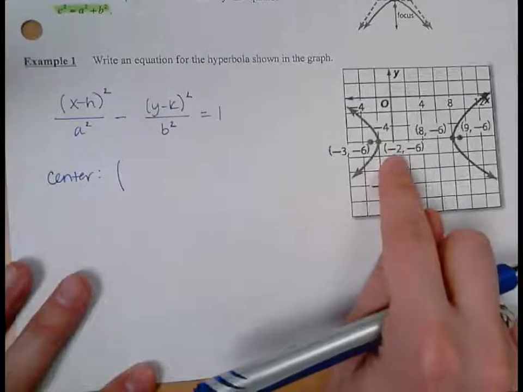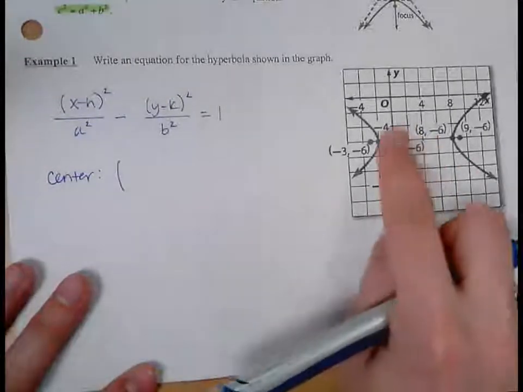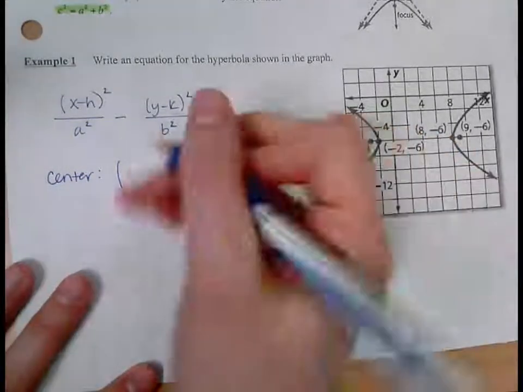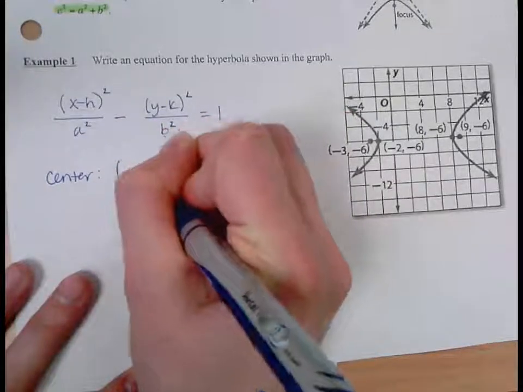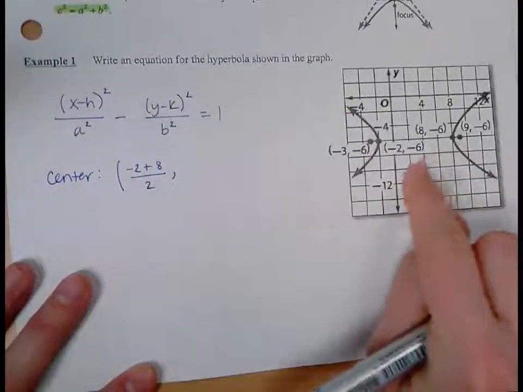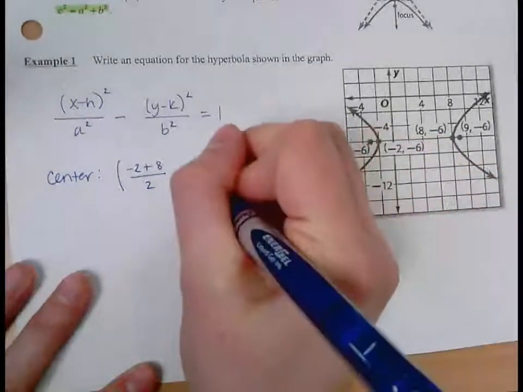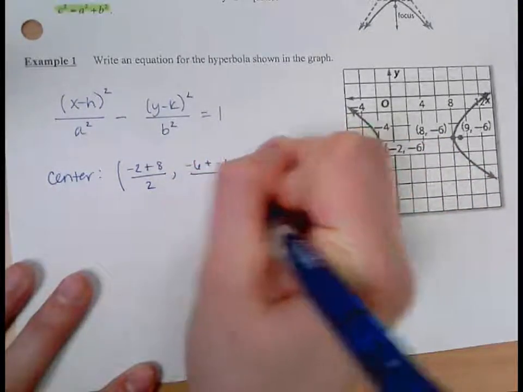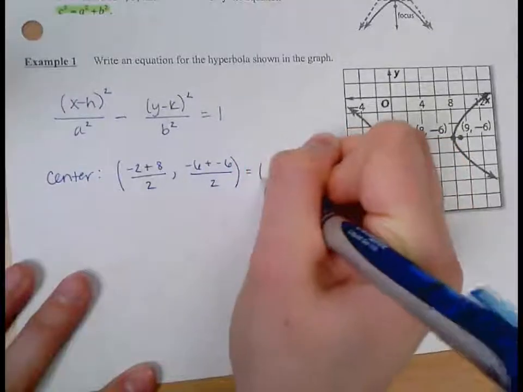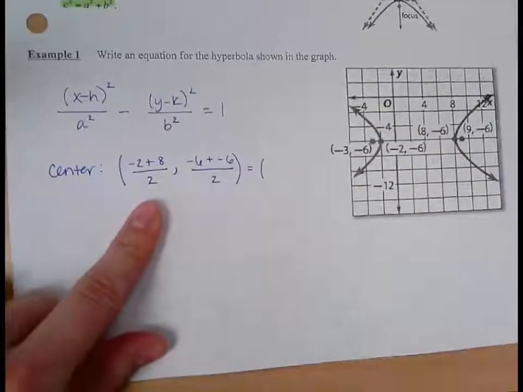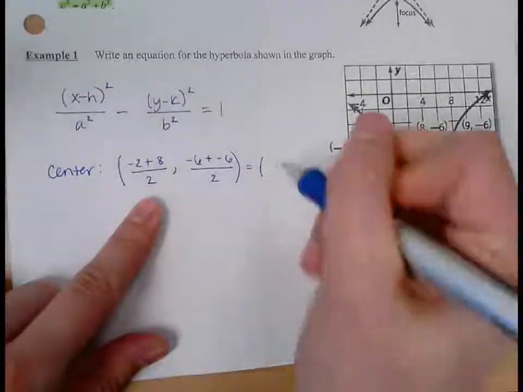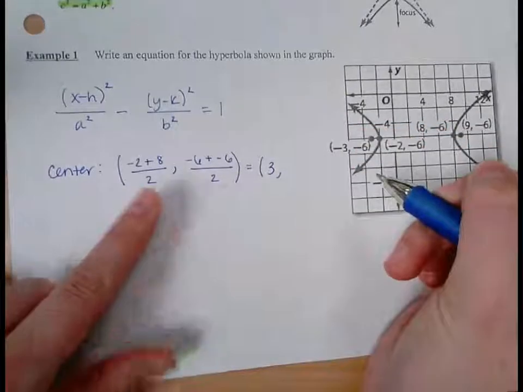So I have x-coordinates -2 and 8 for the vertices. So -2 plus 8, all divided by 2. And then y-coordinates, both are -6. So the x-coordinate will be 6 divided by 2, which is 3.